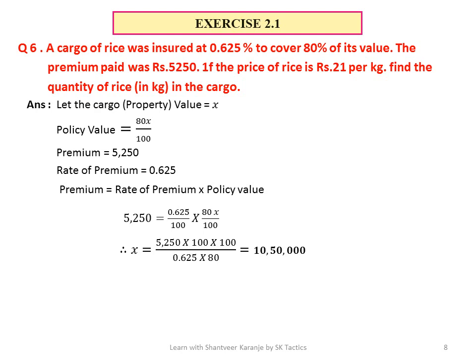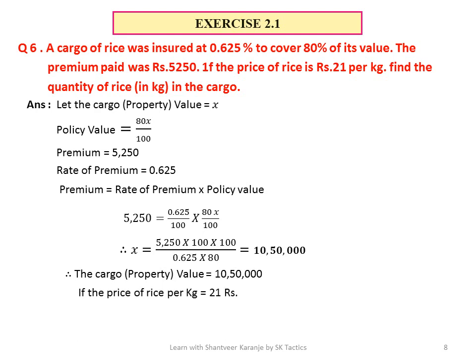Now there is rice in that cargo which is amounting to rupees 21 per kg. So if a cargo is worth rupees 10,50,000 and each kg is rupees 21, I need to find the quantity of rice by dividing this 10,50,000 by 21.